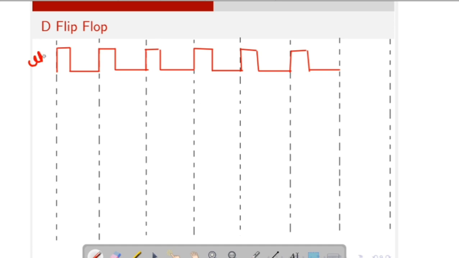It is a positive edge trigger, so we can mark the positive edges of this clock pulse. Then input is D and output is Qn plus 1. Next we can draw the D input.